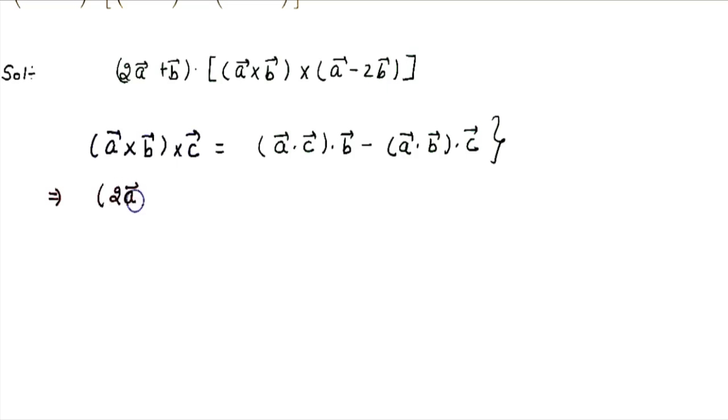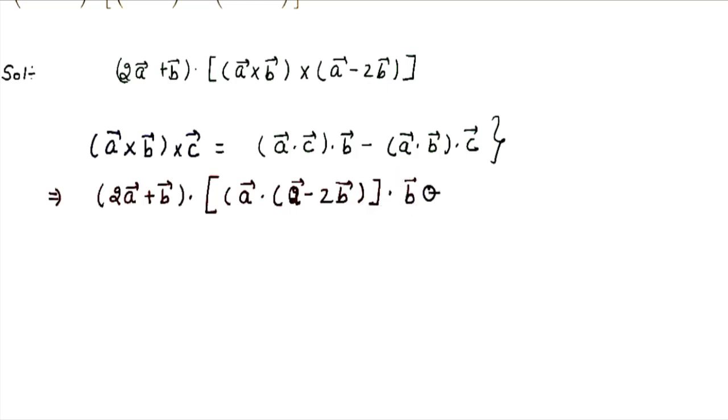Here 2A vector plus B vector is written as it is. Now using the vector triple product method, we get A vector dot A vector minus 2B vector, times B vector, minus A vector dot B vector, times A vector minus 2B vector.